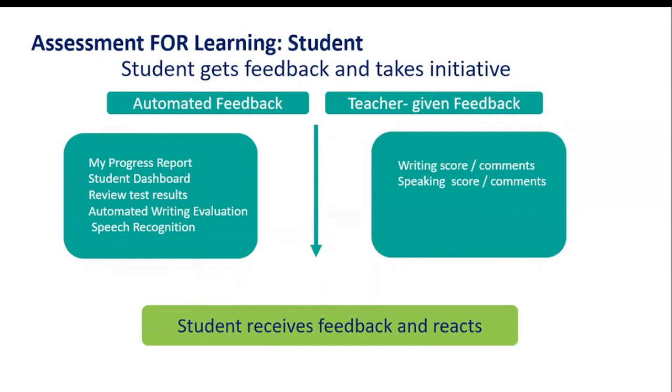In both cases, the student needs to consider the feedback and make the necessary adjustment in order to progress. In other words, students should reflect on their own learning. They should consider the feedback, both the automated feedback and the teacher-given feedback, right? And make adjustments in order to progress.